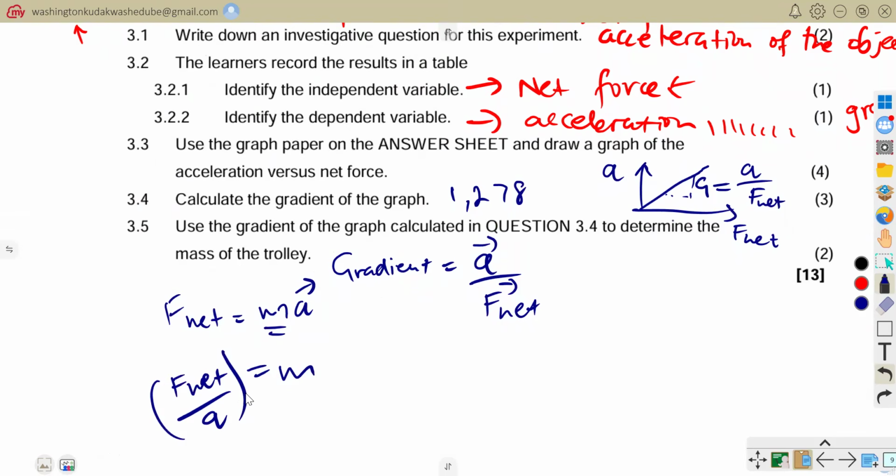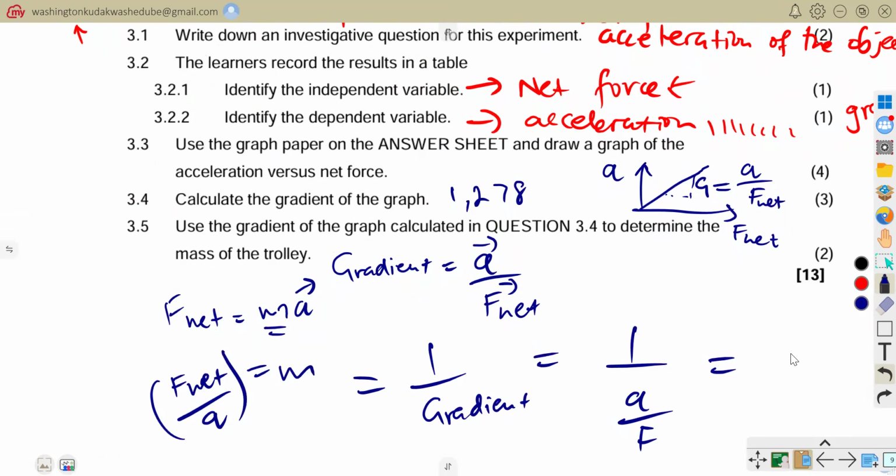If that is the case, you can see that now mass will be simply equal to what? To the inverse of my gradient. It becomes 1 over acceleration over F net, because this will simply become F net over acceleration.